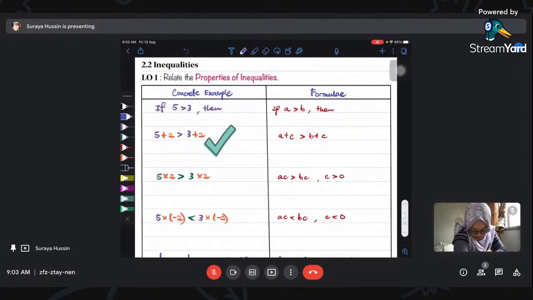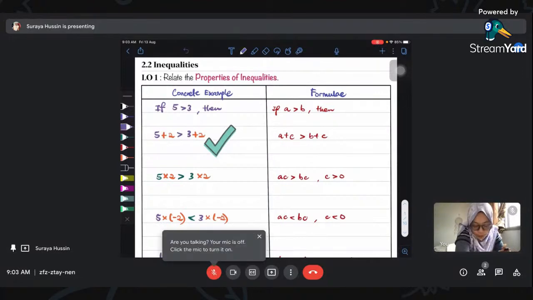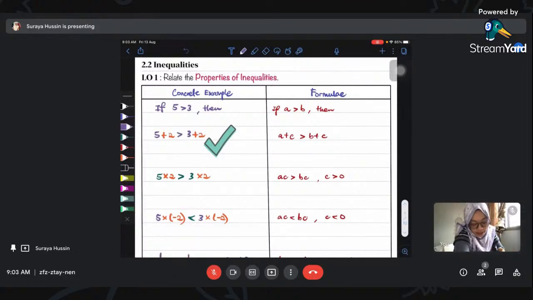Okay, boleh lah ni. Okay, welcome to the second subtopic, 2.2 inequalities. Okay, there are 4 LO. LO yang pertama adalah nak belajar tentang properties of inequalities. The properties of inequalities is very basic. This is around your Form 4 and Form 5 punya knowledge, very, very simple.